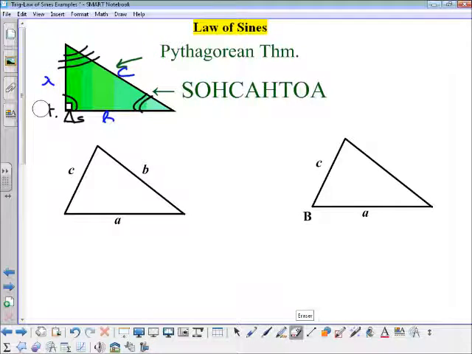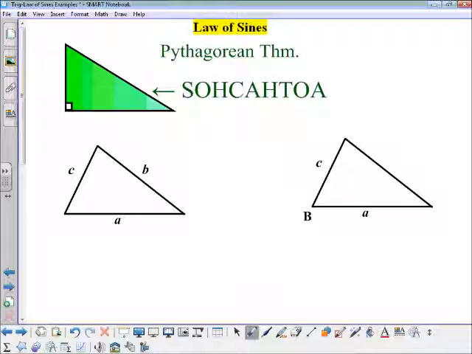Even with right triangles, we're always given 3 parts. The fact that it's a right triangle means you're always given a right angle. And if I give you any 2 other things, 2 sides, 3 and 4, you automatically know the third side by the Pythagorean theorem.